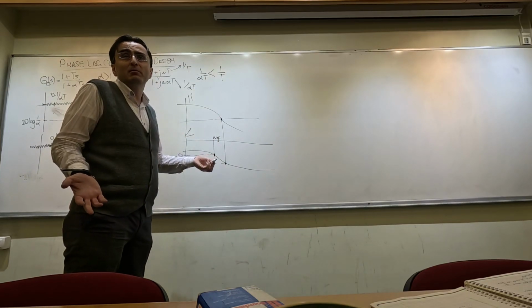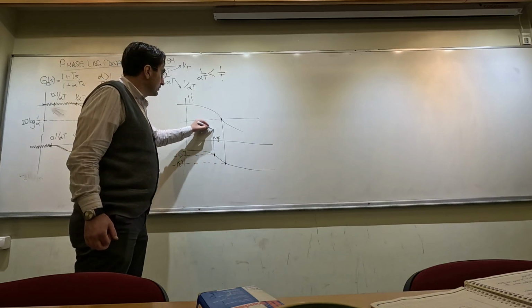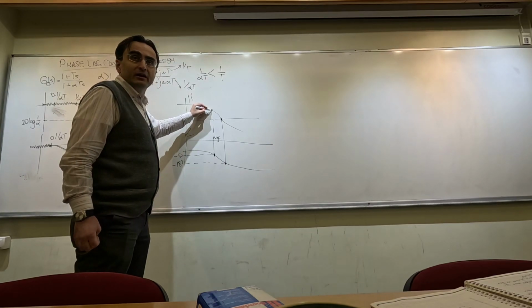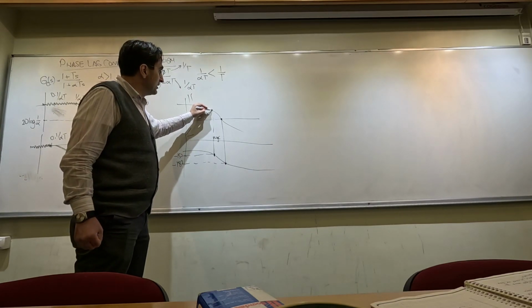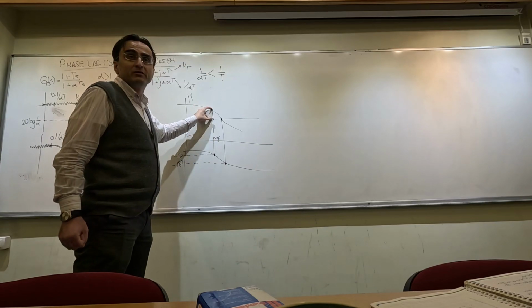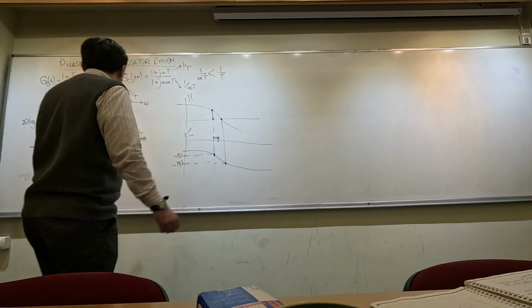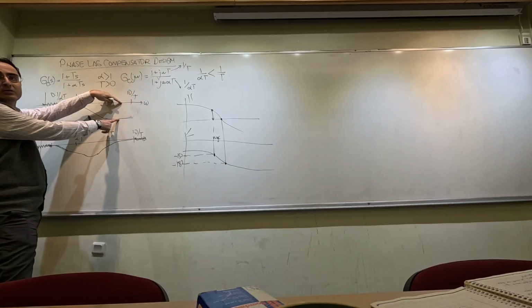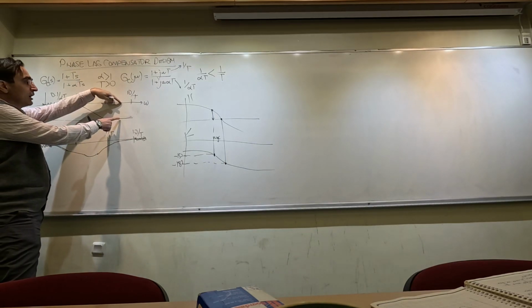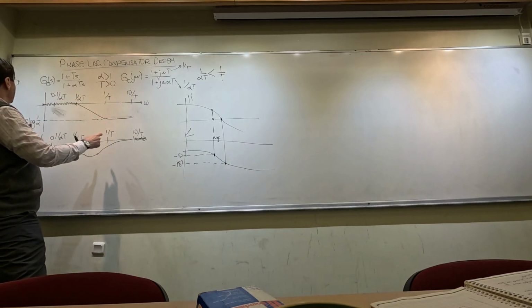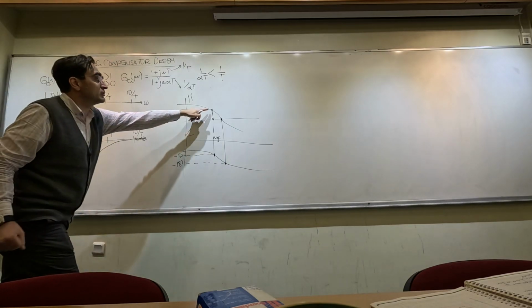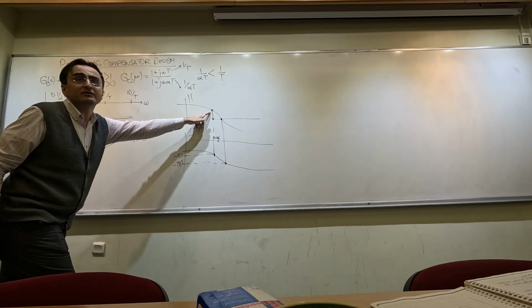How much should I decrease it? I need to look at the gain of the system itself, and I need to decrease it this much. I'm going to get that decrease from the phase lag compensator, negative gain here. So I will equate 20 log 1 over alpha to the gain of the system at the required gain crossover frequency.